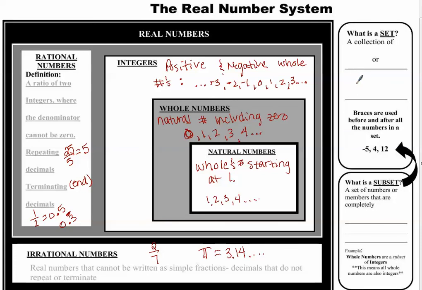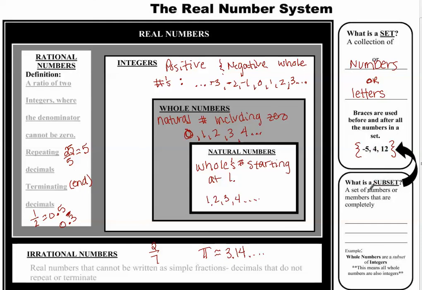Looking to the right, these boxes, what is a set? A set is a collection of numbers or letters. And braces are used before and after all the numbers in the set. For example, these braces or brackets show that -5, 4, and 12 are a set.